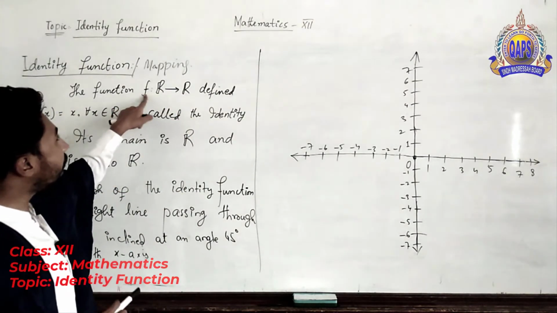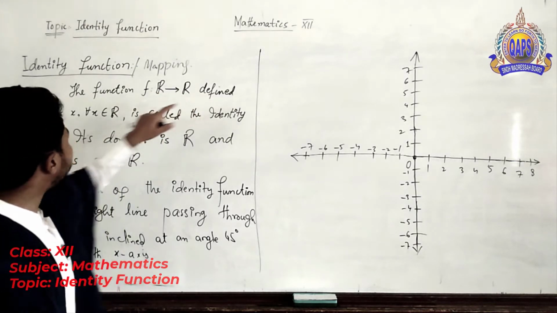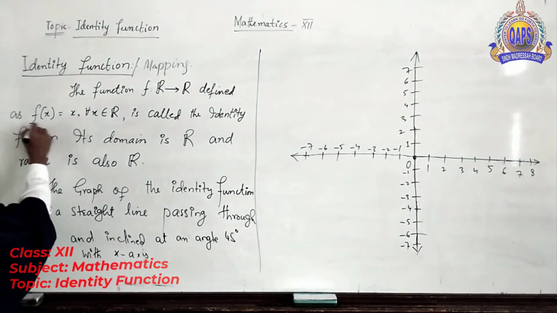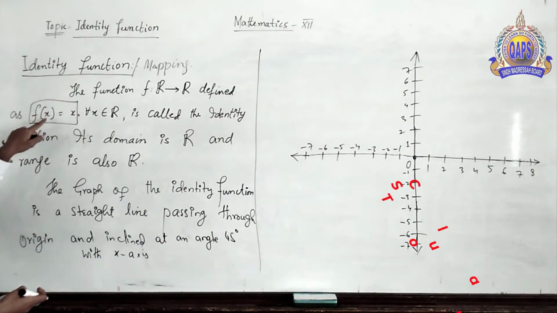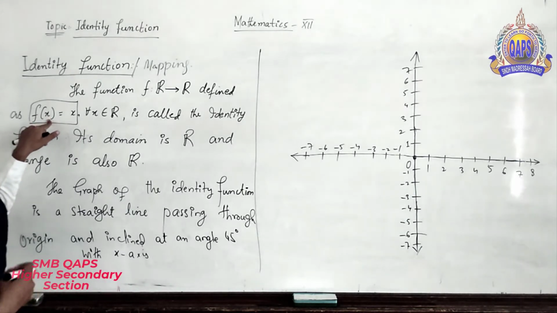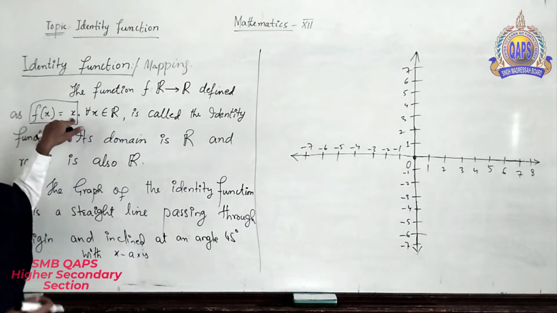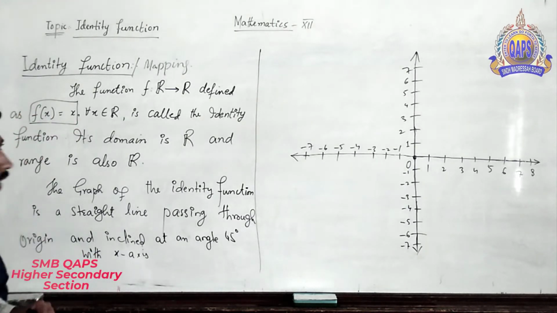So the function f, a relation from real to real, is defined as f of x equals x. This function represents the identity function, because if we put any domain value here, the outcome will remain the same. So that's why we can say that this function represents the identity function.